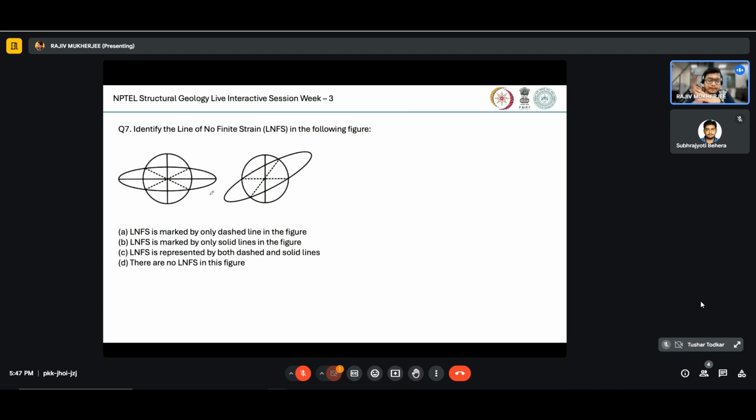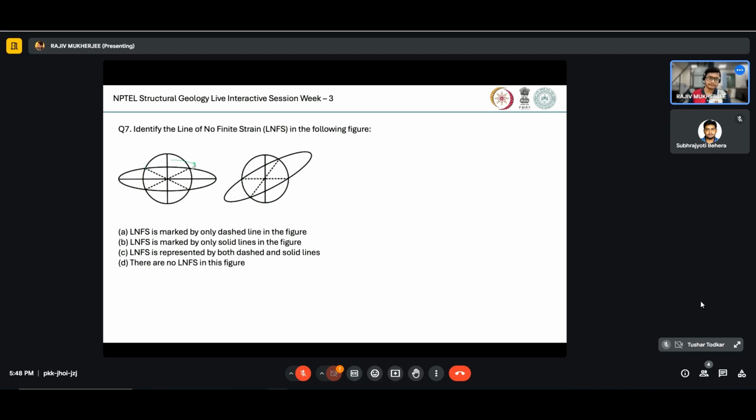So for progressive deformation, we know that any line which is not parallel to the principal axis of strain will rotate, right?